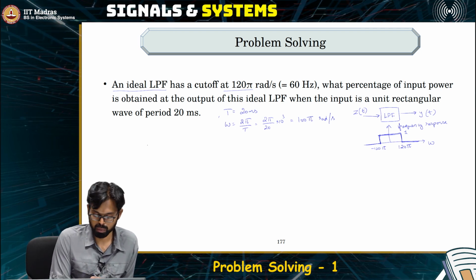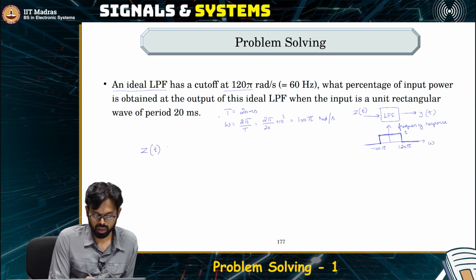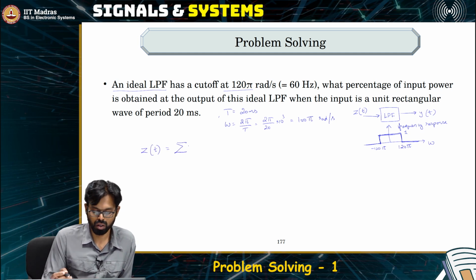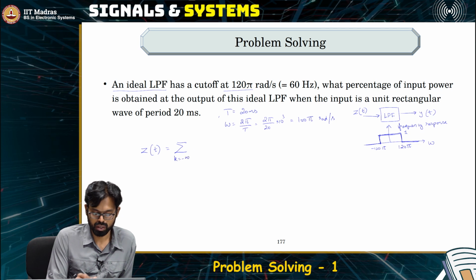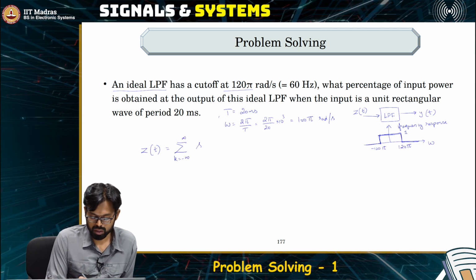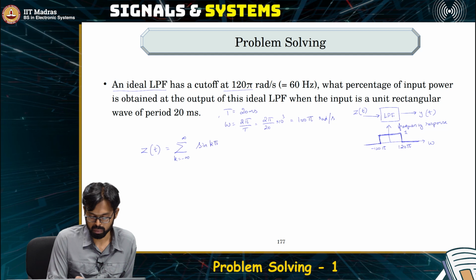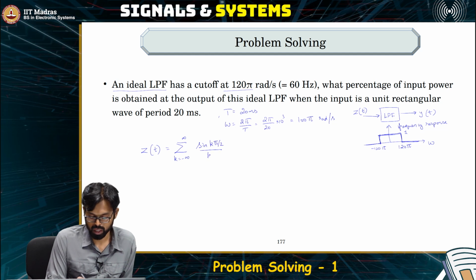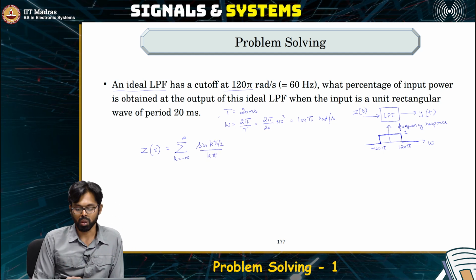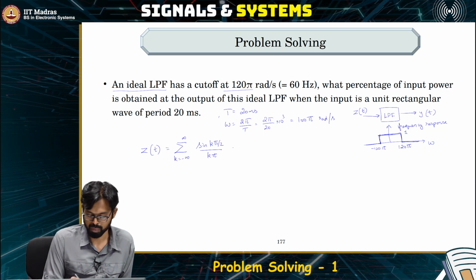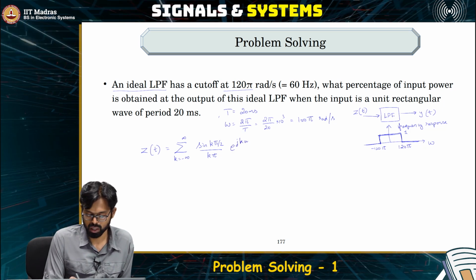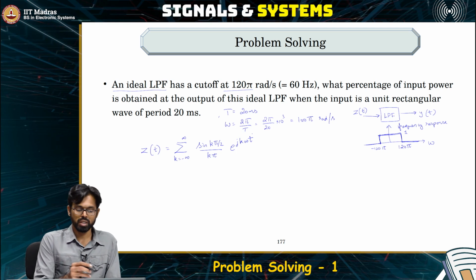Let us say the rectangular pulse is z of t, then we have the sum over k equals minus infinity to infinity of sine k pi by 2 divided by k pi, from the previous problems and examples that we have solved earlier, times e power j k omega t. This gives the Fourier series coefficients of the input.